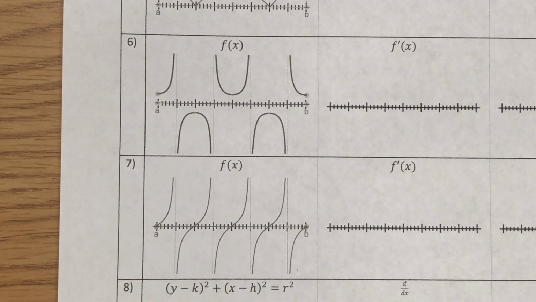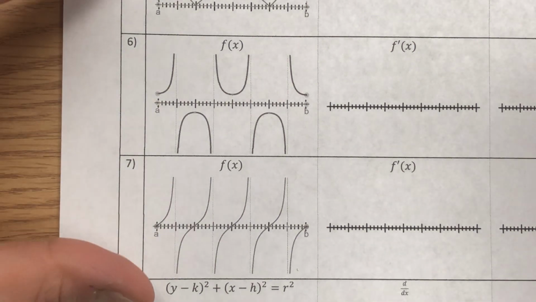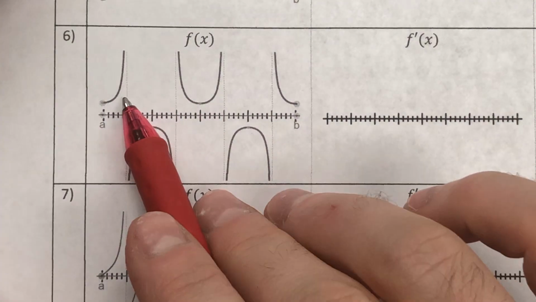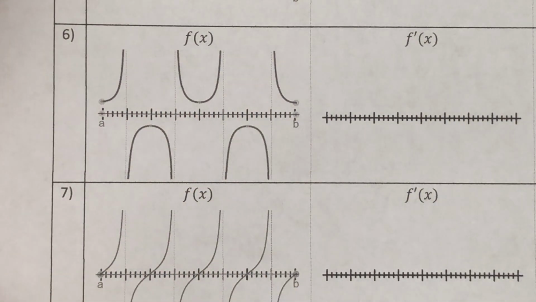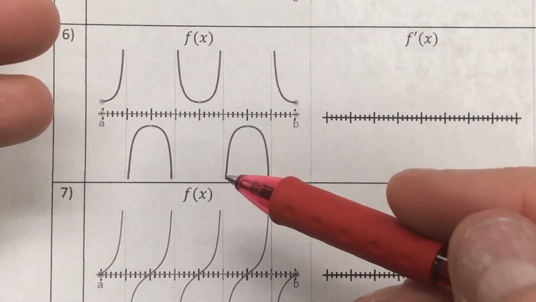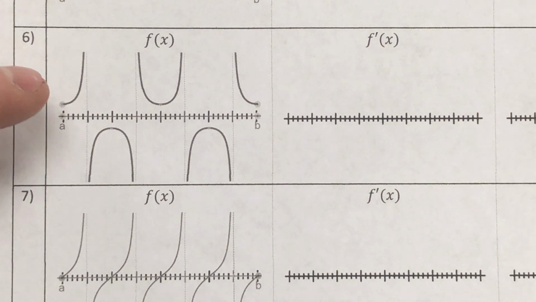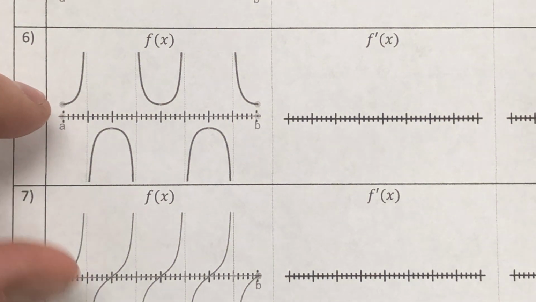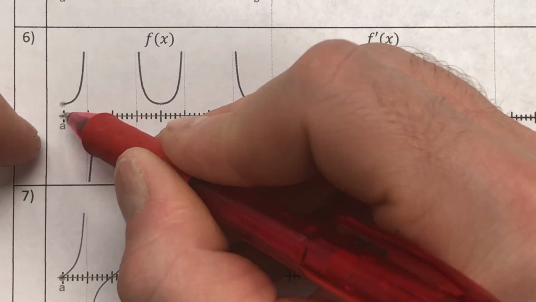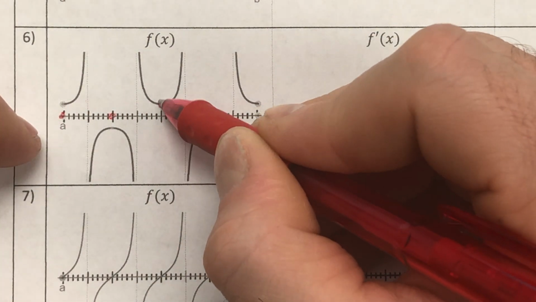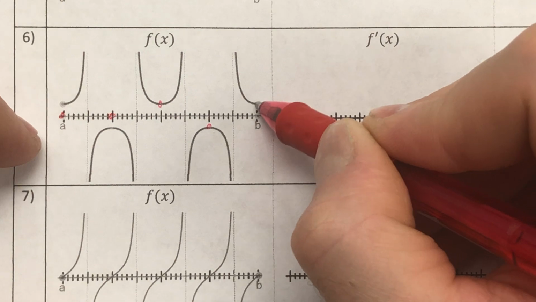Okay. So at number 6, we said this was going to be a fun one. What we know is the fact that we have asymptotes in the original graph, which again is going to present us with a little bit of information that we're not familiar with just yet. So let's take a look at a few points. Let's take a look at 0, 2, 4, 6, and 8.